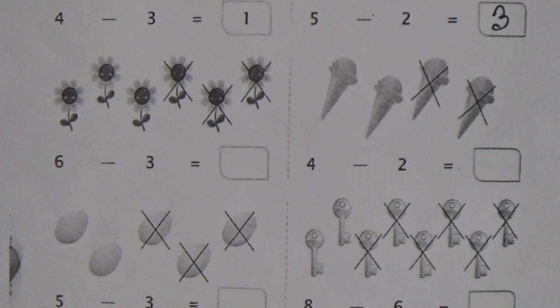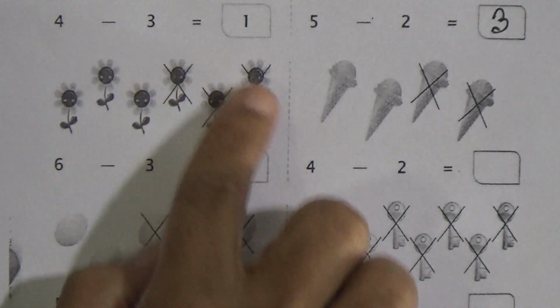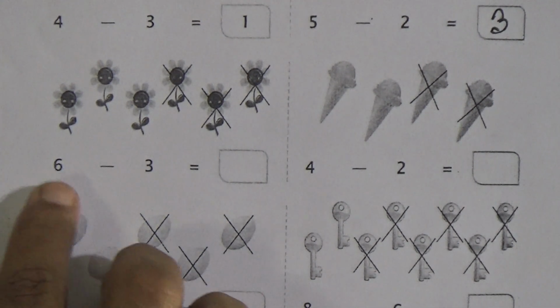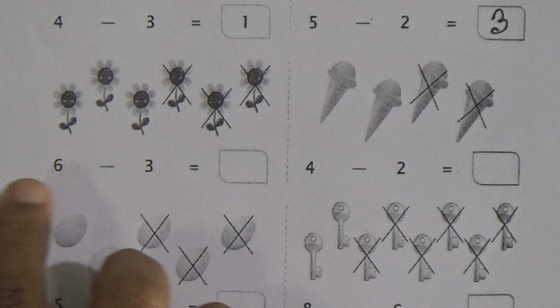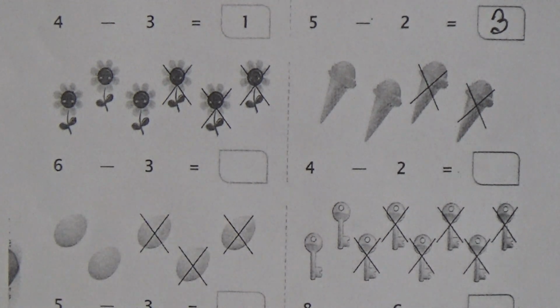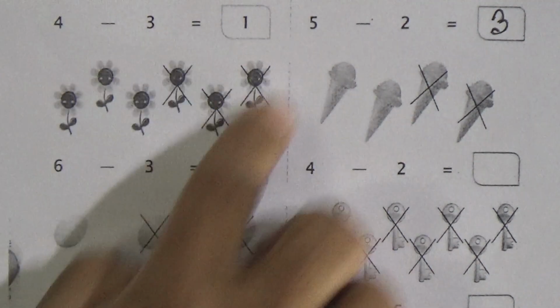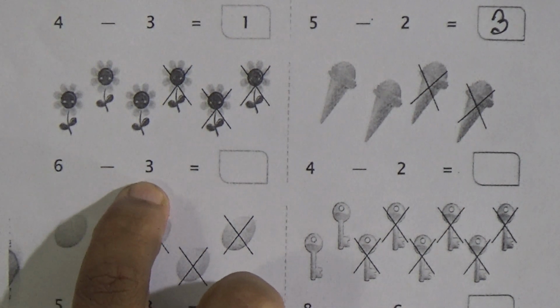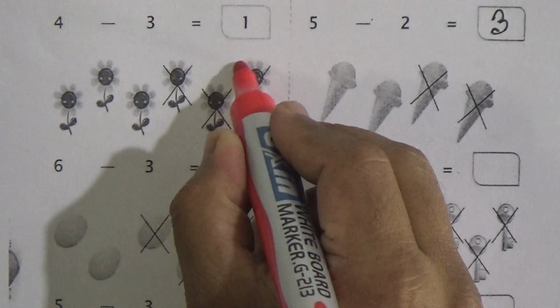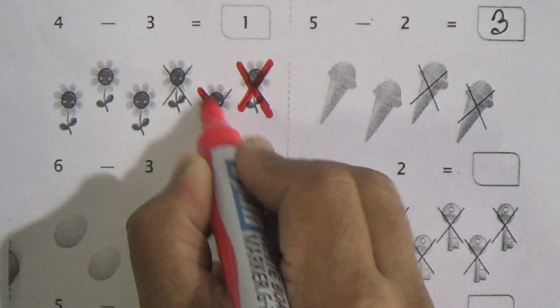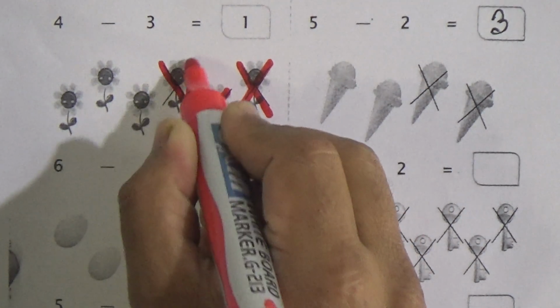Now, my students, the next figure is of some sunflowers, and we need to subtract 3 from 6. So 6 minus 3 is equal to how much? There are already 6 sunflowers: 1, 2, 3, 4, 5, 6. From these 6 sunflowers, we need to omit 3 sunflowers. If we cross 3 sunflowers from the 6, 1, 2, 3, these 3 are omitted.